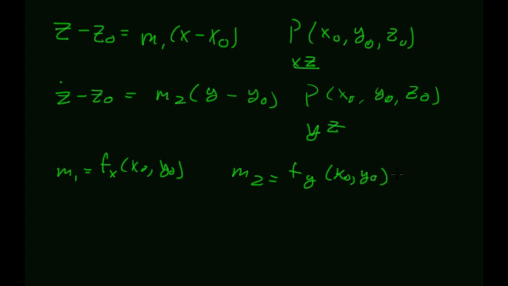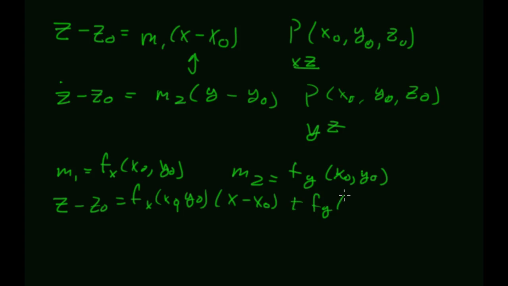And the idea is that we're going to do a linear combination here. Z minus z null is the linear combination of these two things: f sub x at x null, y null, times x minus x null, and add f sub y at x null, y null, times y minus y null.